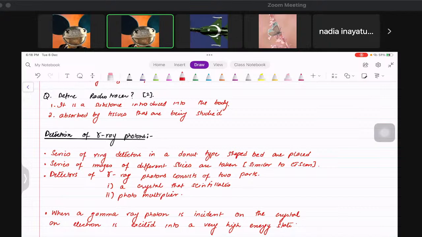These electrons decay back to their original states, releasing visible light photons.